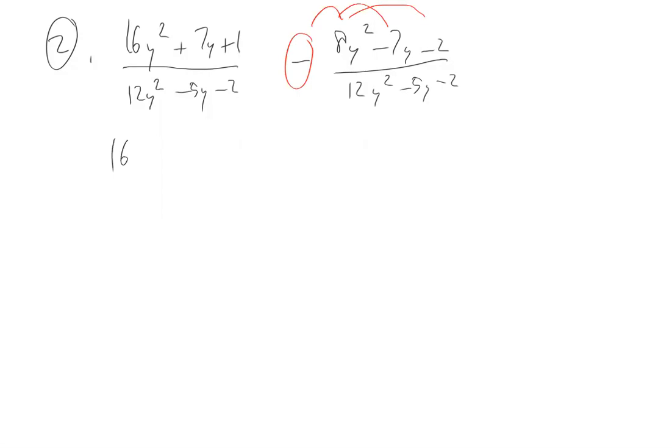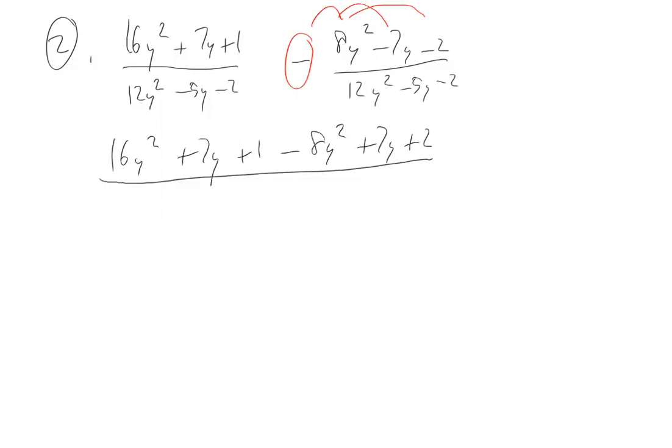So we'll have 16y squared plus 7y plus 1 minus 8y squared plus 7y plus 2, and then it'll all be over the same denominator, 12y squared minus 5y minus 2. And then we're going to combine like terms. So 16y squared minus 8y squared, then 7y plus 7y, and then 1 plus 2.